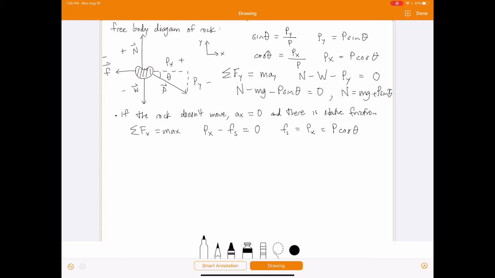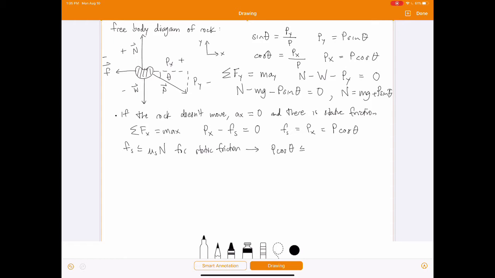So now, the next thing we can do is write down our static friction inequality. Static friction is less than or equal to mu s times n. Okay, for static friction. And so what happens if we plug our previous results into that inequality? So in other words, Fs on the left side, we just said that's equal to p cos theta.